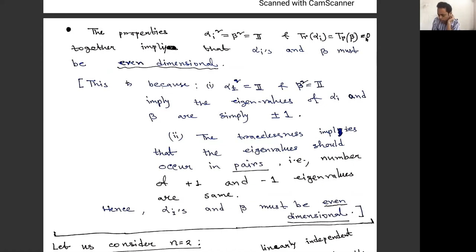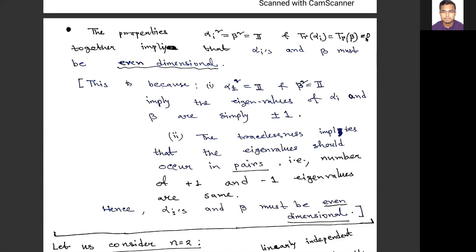So now the eigenvalues are plus minus 1. How can we arrange these eigenvalues in any arbitrary dimension so that the trace is 0? This you can only do in even dimension, right? Yes, sir.